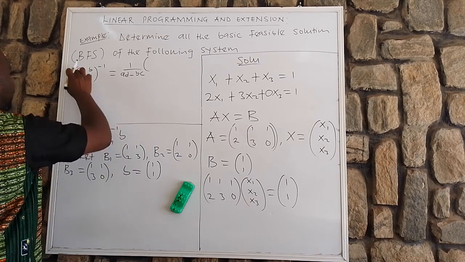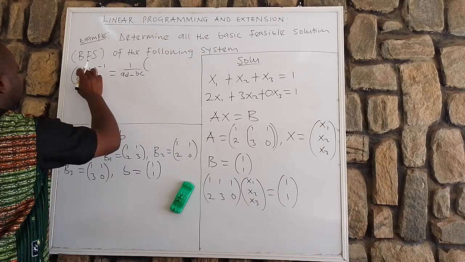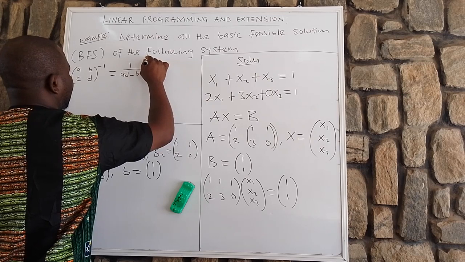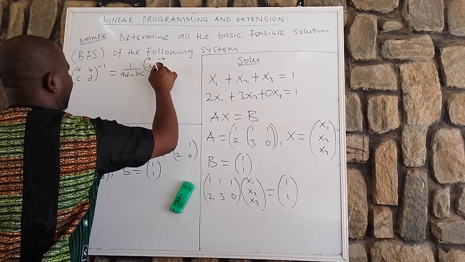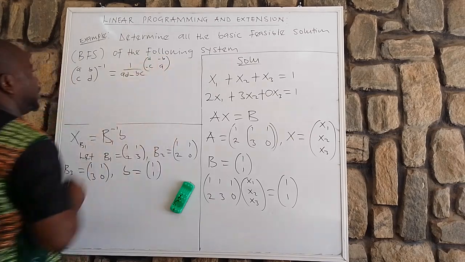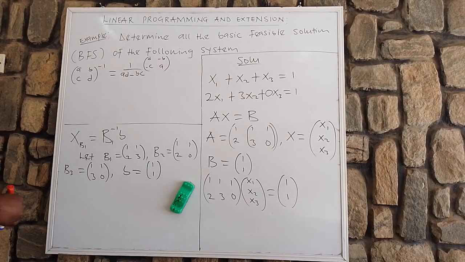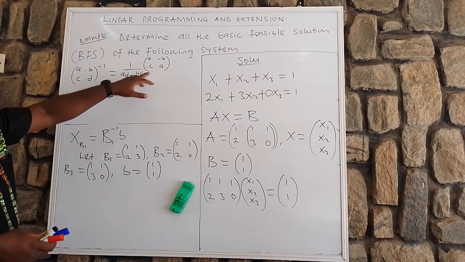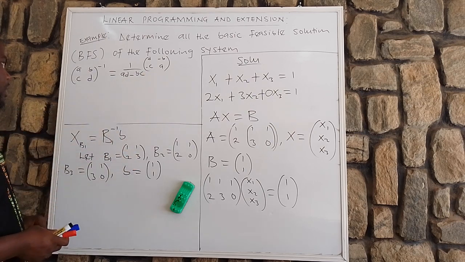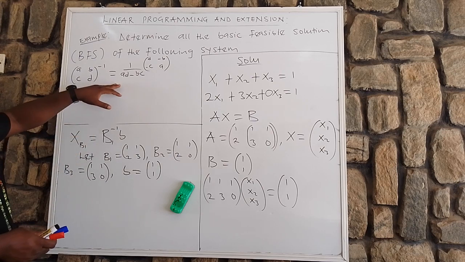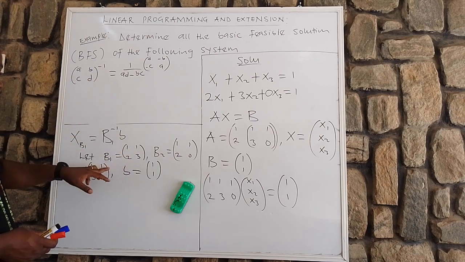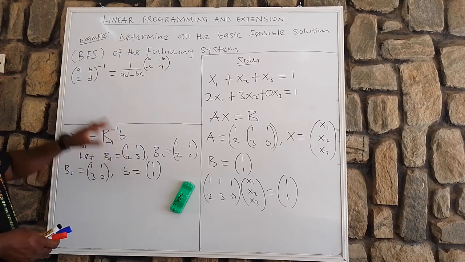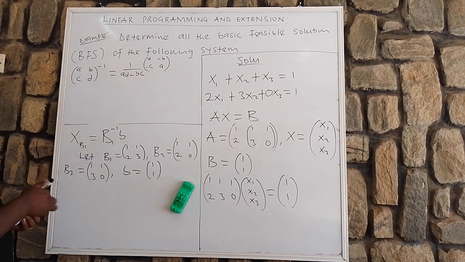A and D will interchange, then B and C will be negative. That is D, minus B, minus C, and A. This is the formula you are going to use in obtaining any inverse, as long as it is a 2 by 2 matrix. So now, since we want to obtain our B1 inverse, this is the formula. Let's look at it together.